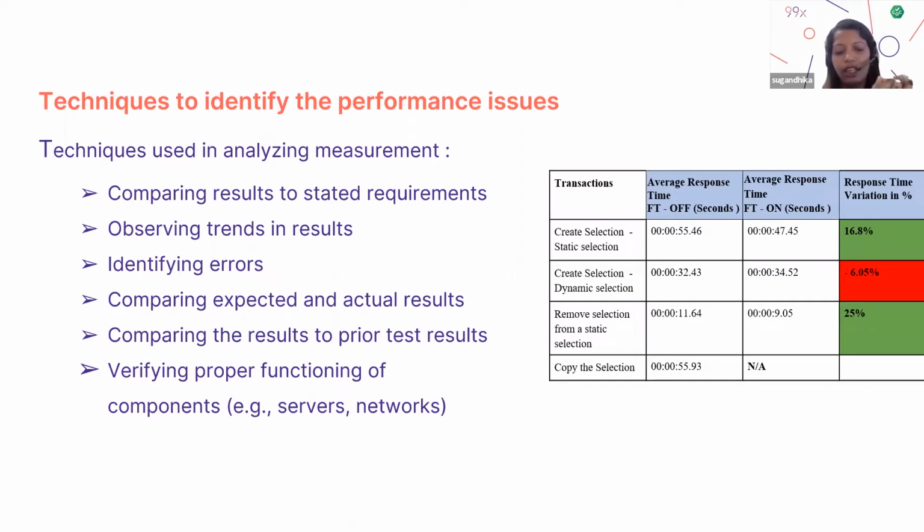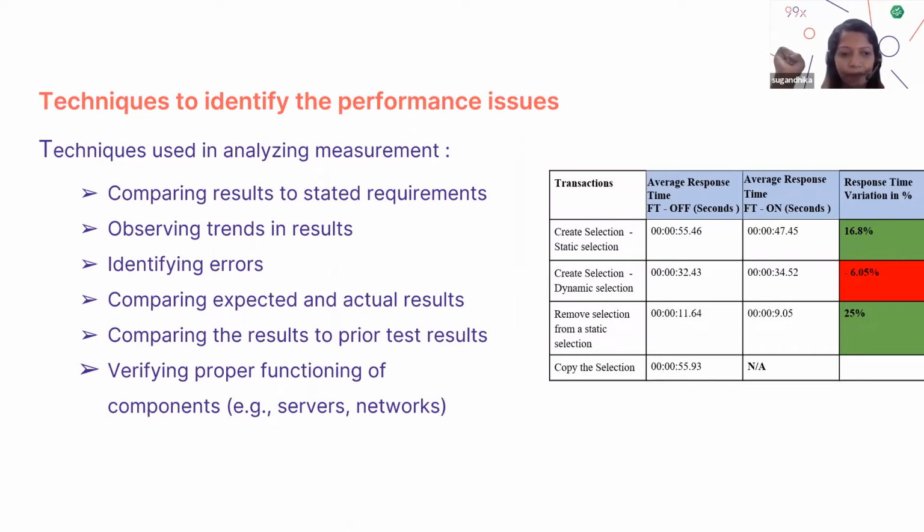If you don't have a similar application, then you can check whether your response time is less than 3 seconds, whether your CPU is less than 60%, and the memory is under 60%, and that you don't have any deviation or abnormal behavior in the response time.